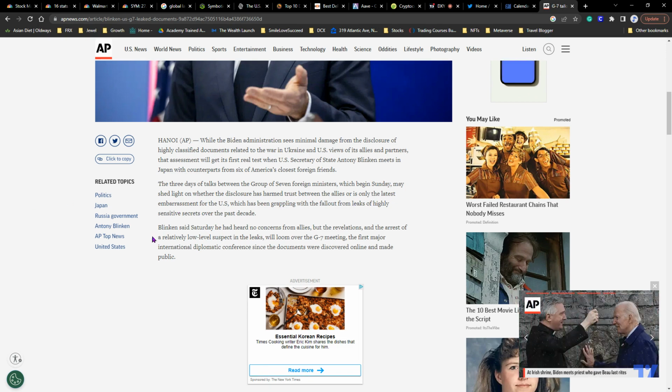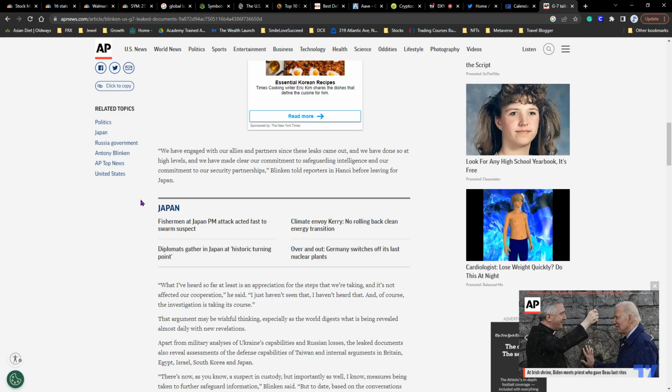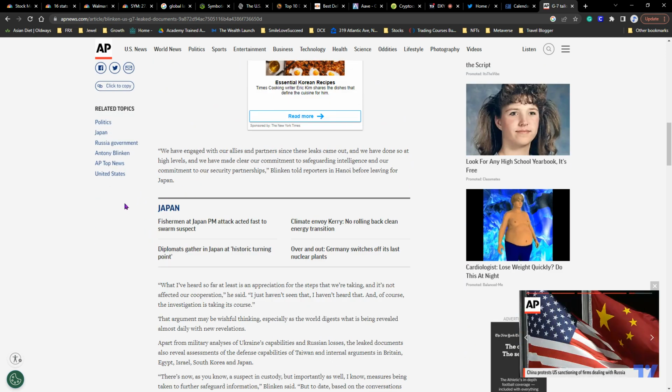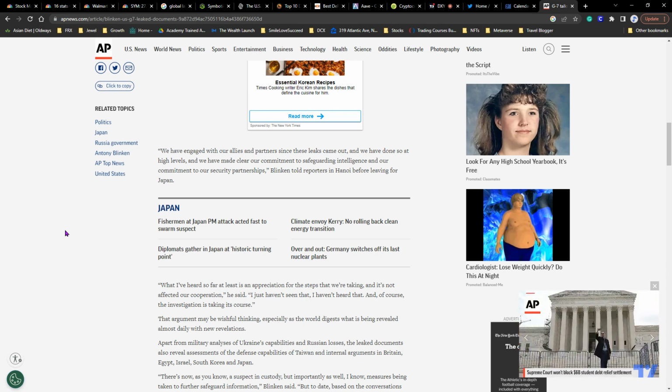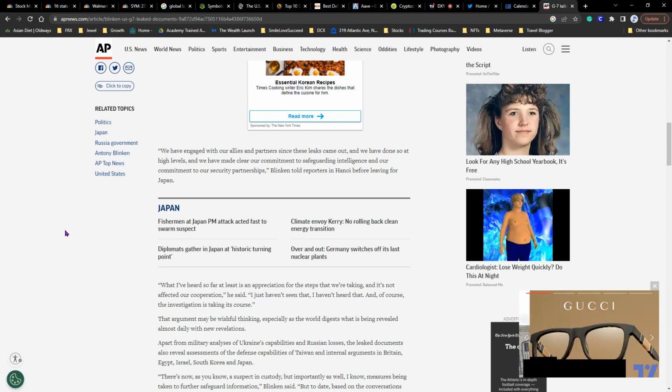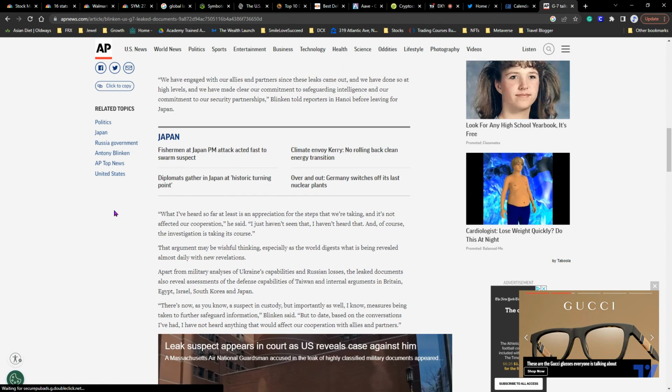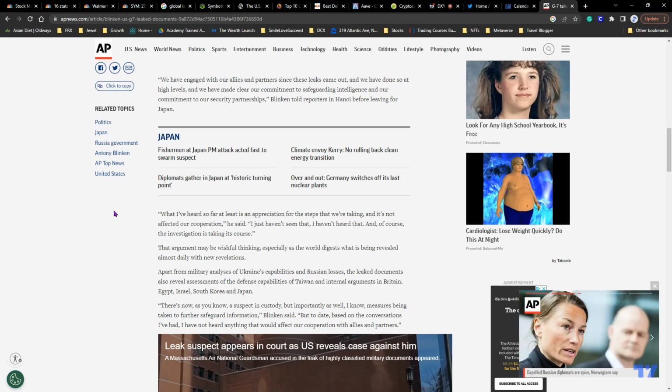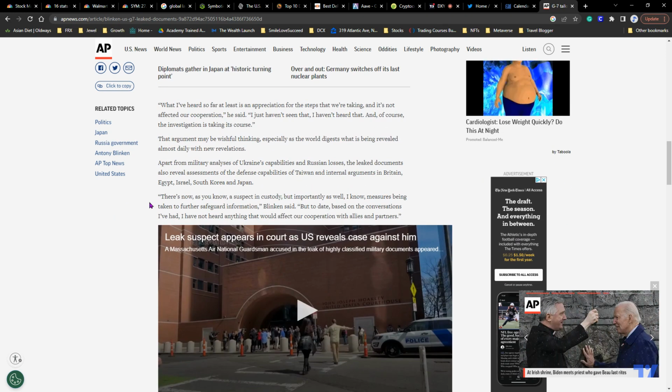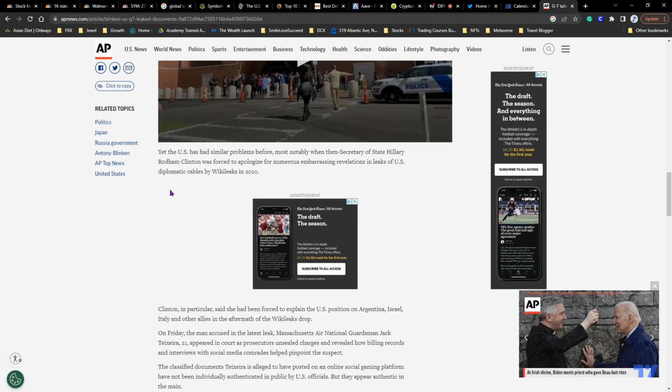So they're going to meet and talk about whether the disclosure has harmed trust between the allies. The only reason I call this out is because this is like data leaks and security leaks, and overall trust or fear between governments or within a group of people can have detrimental effects on our society. Since this is such a high level case, I think it's important to pay attention to, rather loosely, as it impacts the US dollar.